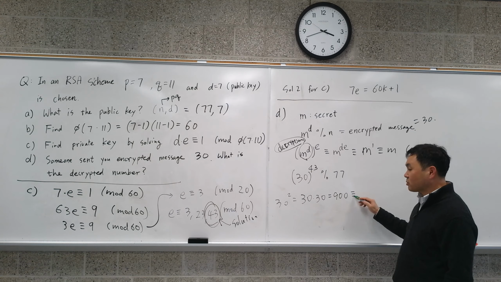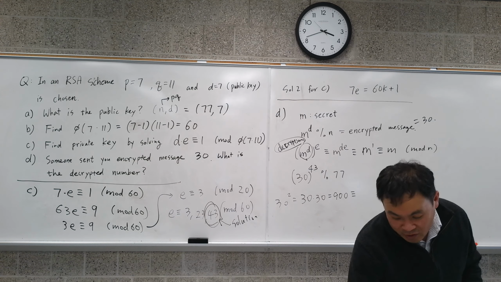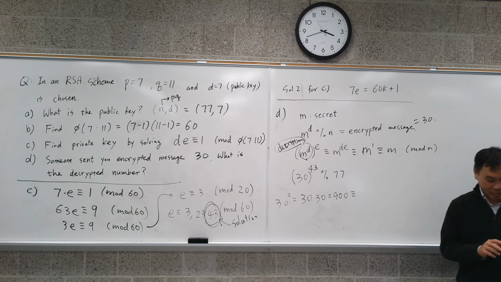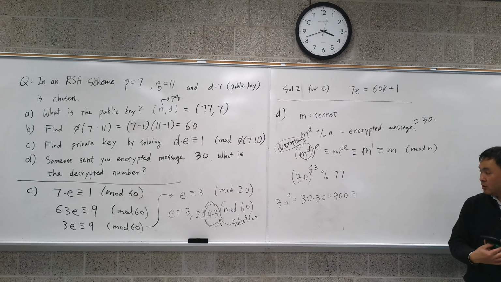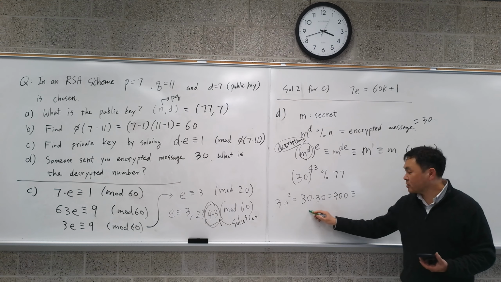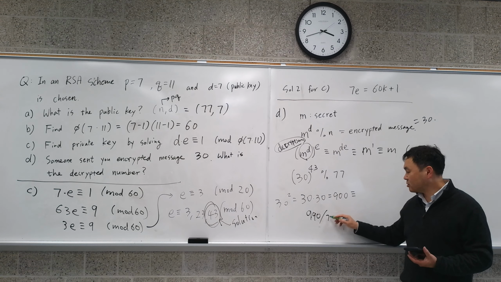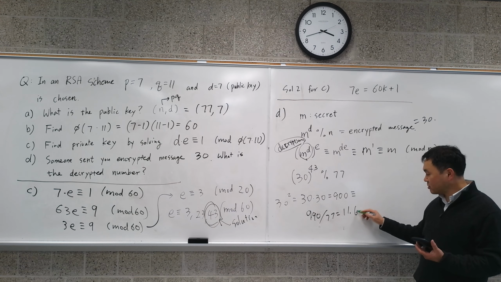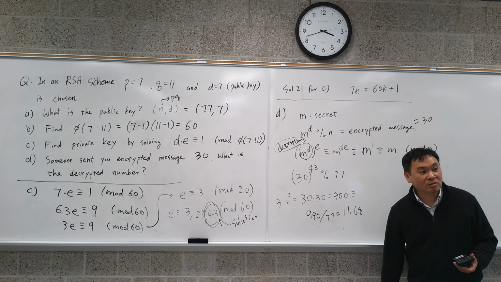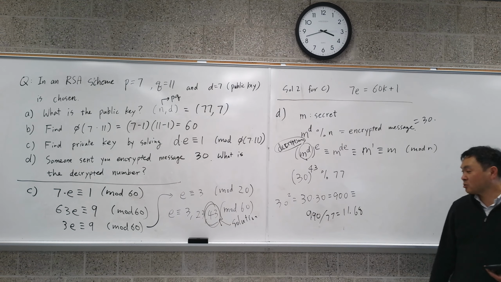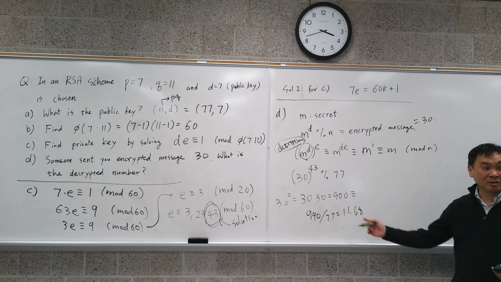And then that's congruent to, now we need a calculator. So 900 divided by 77. When I did 900 divided by 77, I got 11.68. Which means 77 goes into 900 11 times, and then there's some remainder.